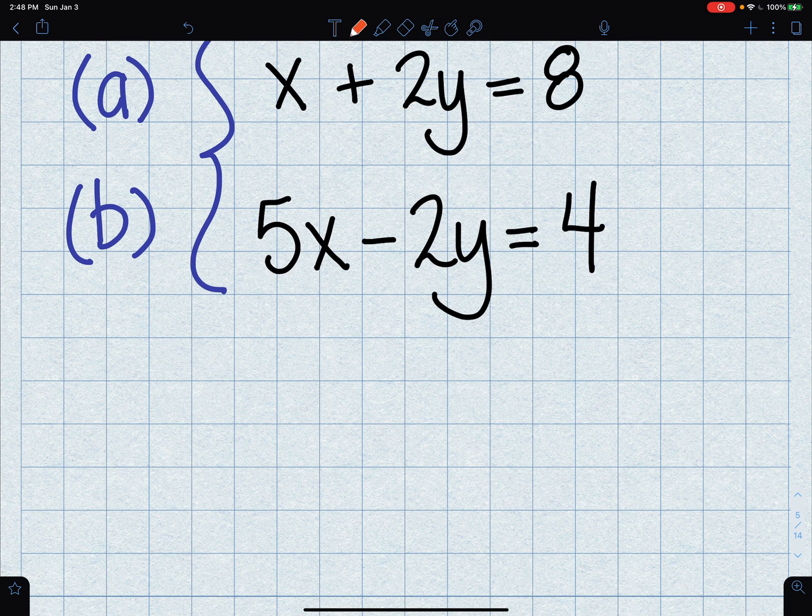There are some problems that we're going to get into, hopefully way into the future, that really don't have an answer. But we're going to assume that all of these have answers. Now, x plus 2y is equal to 8. That's equation A. And equation B is 5x minus 2y is equal to 4.